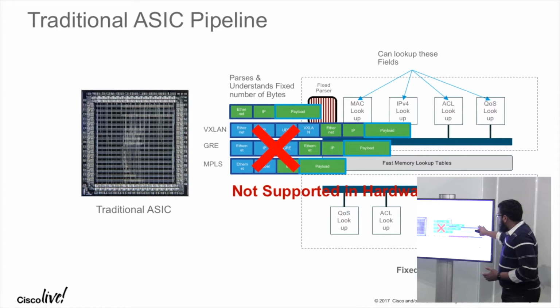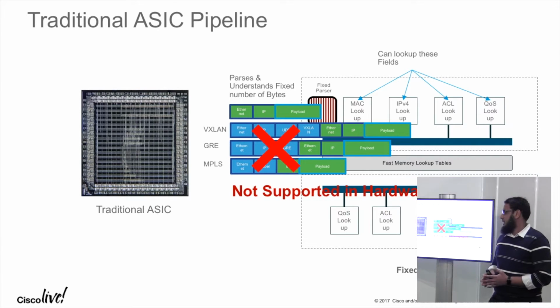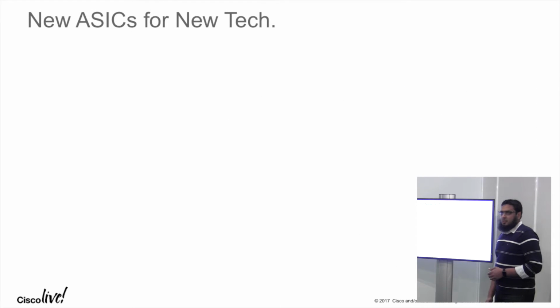And you will hear things like "not supported in hardware." You guys probably know what that means. That means whatever you can do in the software, great, you can do it in the software, but the hardware is not capable of it. So you have to go and build a new ASIC, right?